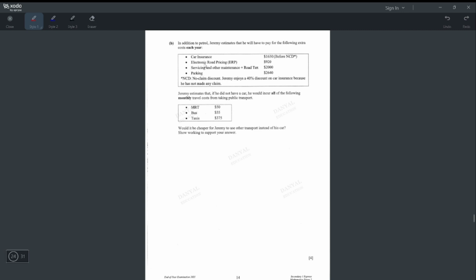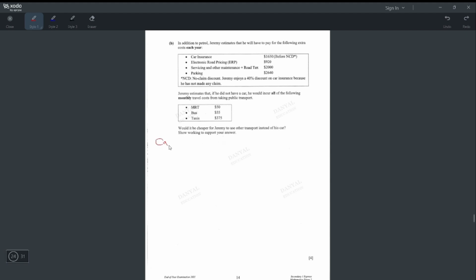Now for part B, we have some extra information here. In addition to petrol, Jeremy estimates that he will have to pay some other things. So we have car insurance, electronic road pricing, and so on. And Jeremy estimates that if he didn't have a car, he would need to pay for monthly travel costs from taking public transport. The question is asking which one is cheaper. So the way to do this question is we want to calculate the total costs for each of them.